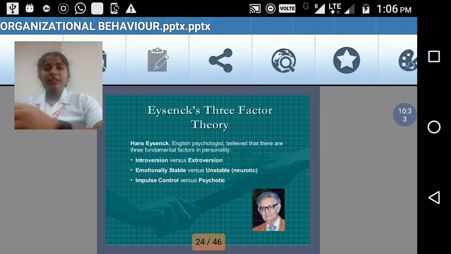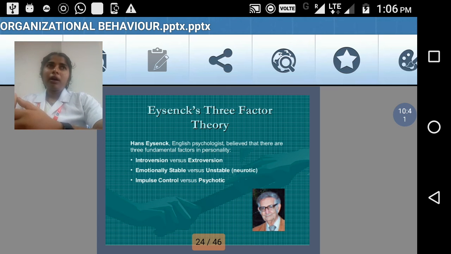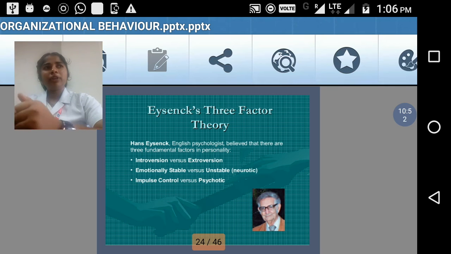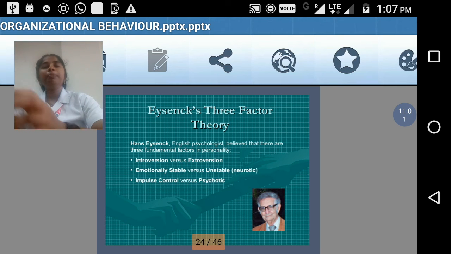Eysenck's three-factor theory explains three categories. He proposed a theory of personality based on how people behave and on biological factors, arguing that individuals inherit types of nervous system that affect their ability to learn and adapt to the environment.